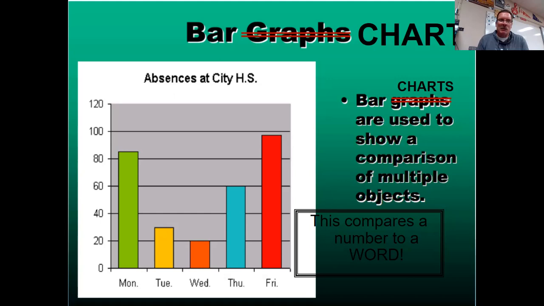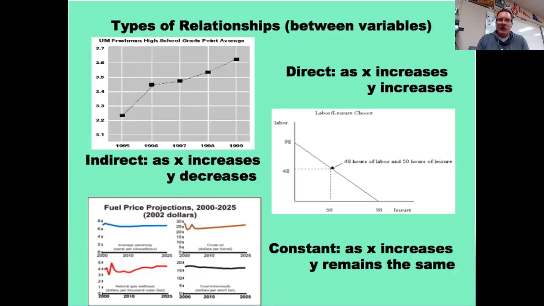Essentially comparing a number to a word. 99% of the time you're going to do a line graph, no matter which class you're in. On a rare occasion in AP Bio, a question may have you do a chart or a histogram, but we'll address that as need be.